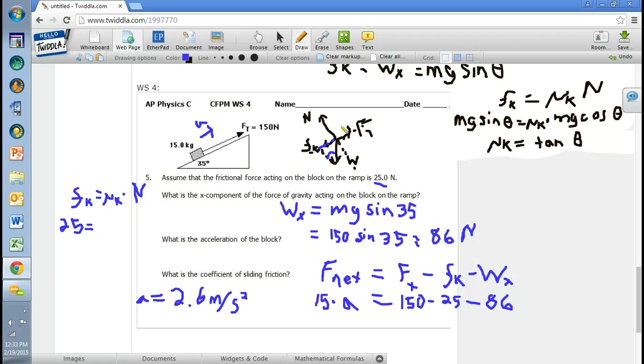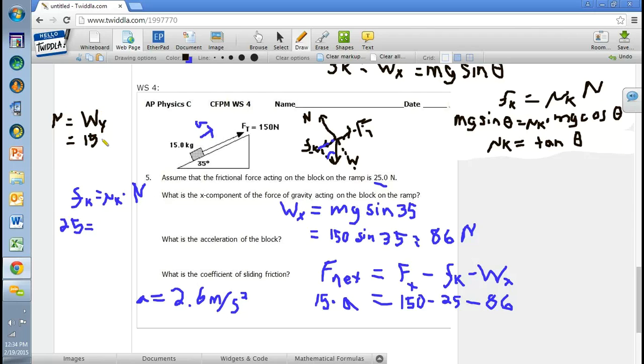So looking back at my free body diagram here, could I write an equation for this? What is the normal force equal to? What's N equal to? Can you see that? It's equal to Wy. Any questions? Okay. And that's going to be equal to the mass times gravity, so it's going to be 150.